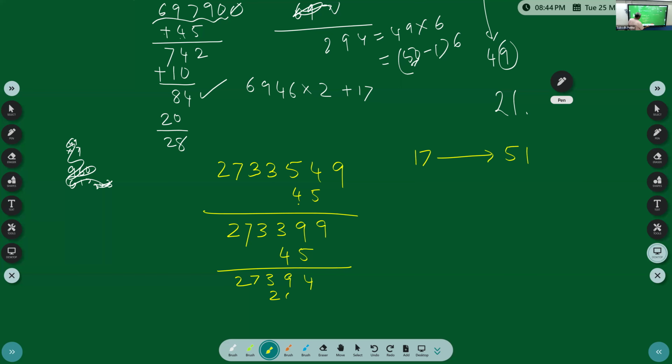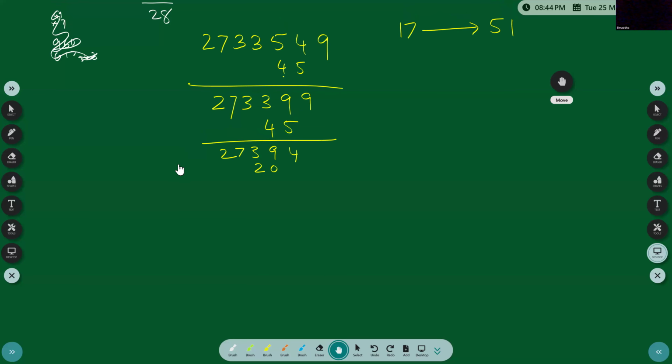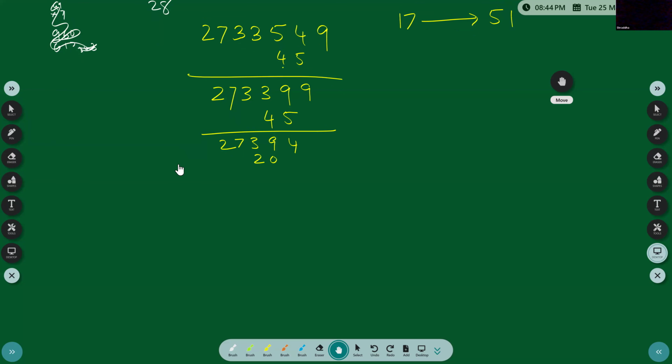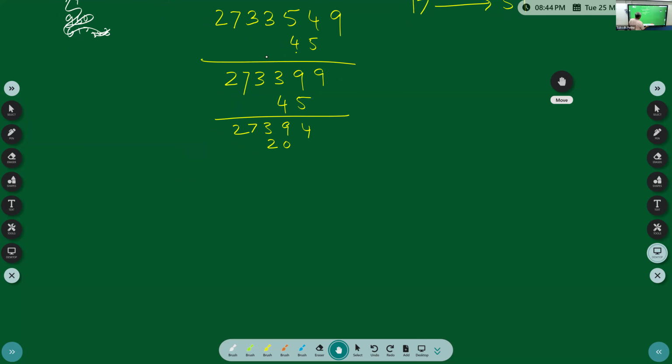Sir, that should be 0, right? In the first subtraction, it should be 273309. Yes, sir. 273309, the first subtraction. So we added instead of subtracting. Sorry. Subtract. Okay. 273309.